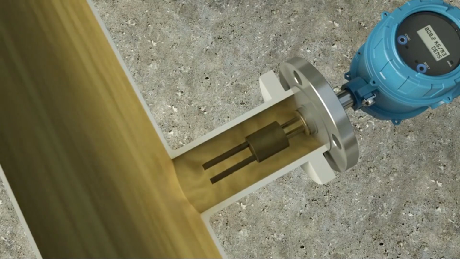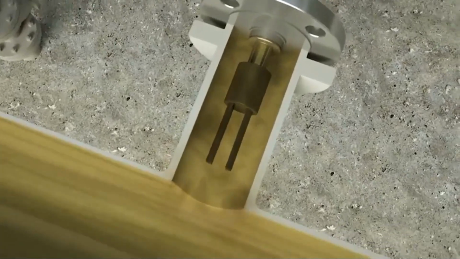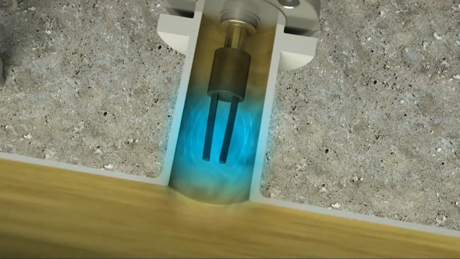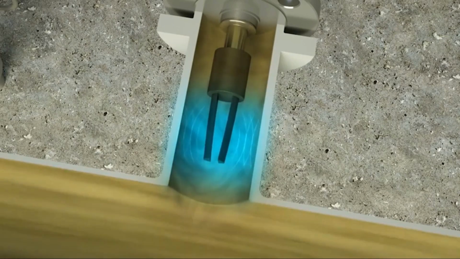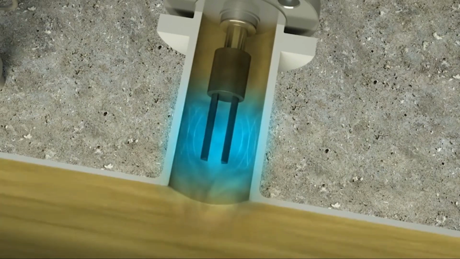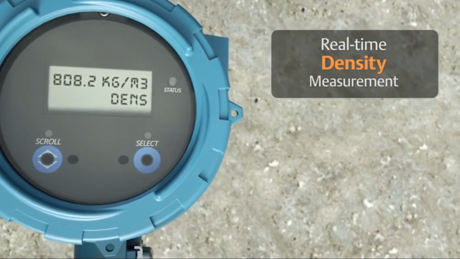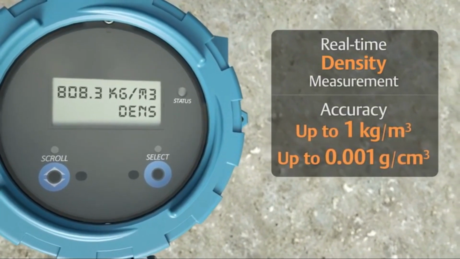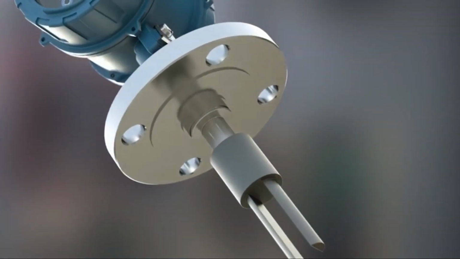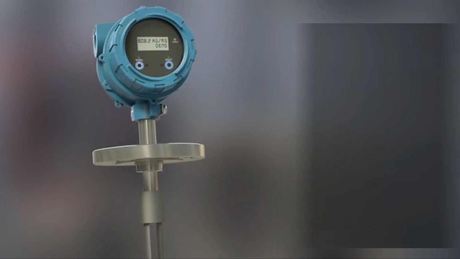If you take it out, maybe you notice the vibration will be affected a little bit more, not like previously. So there is some difference in the vibration here, which will change the frequency of the vibration, but of course you are still measuring the density. The real-time density measurement accuracy is up to 1 kg per meter cube or up to 0.001 gram per centimeter cube. So this is the type of fork measurement.